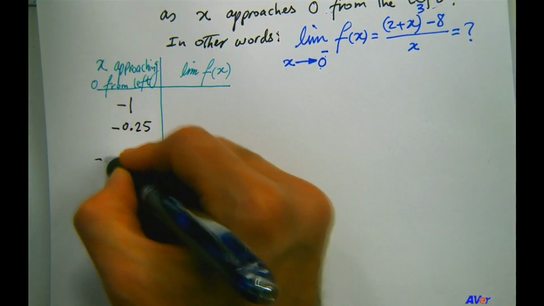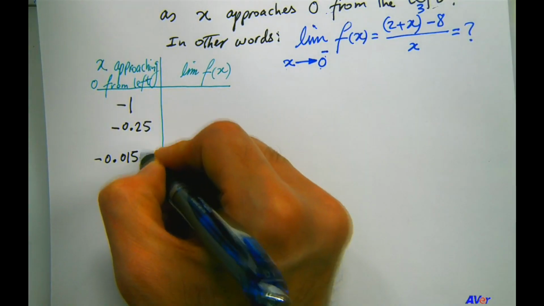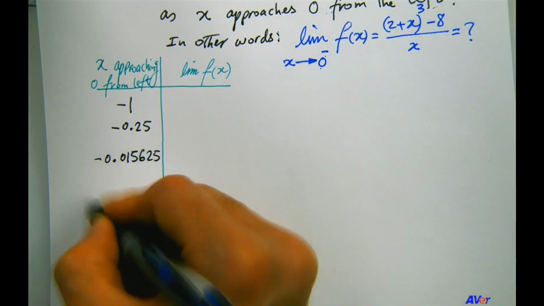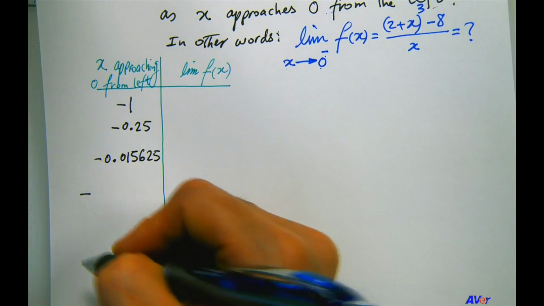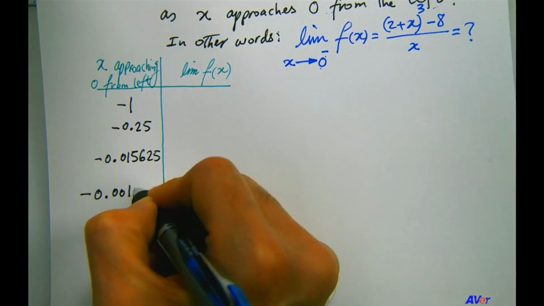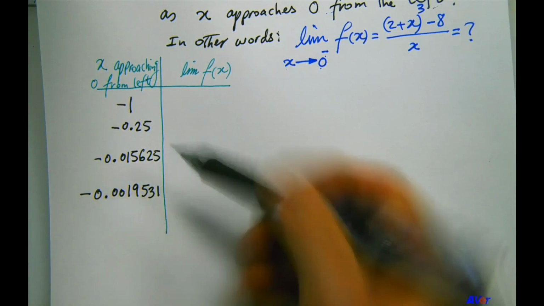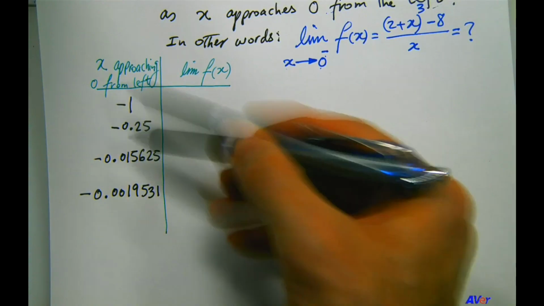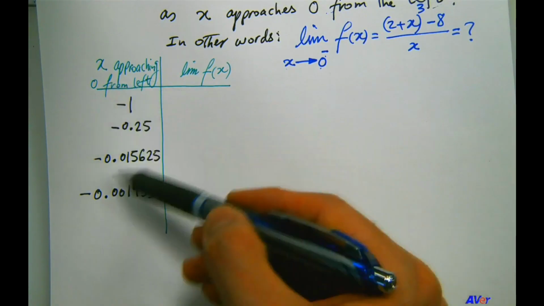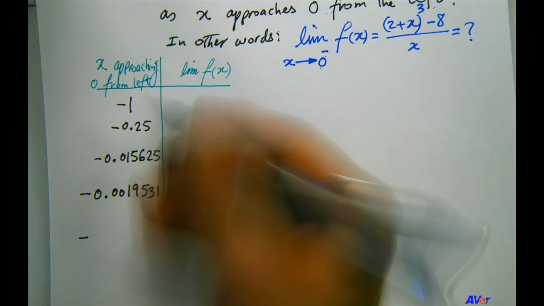Then -0.015625, and then -0.0019531. Notice the values I'm picking for x are approaching 0 from the left, right? And then finally, I picked 5 values.